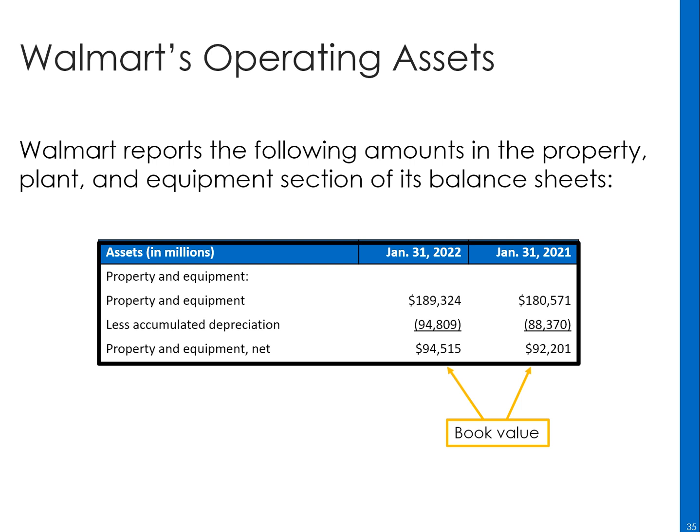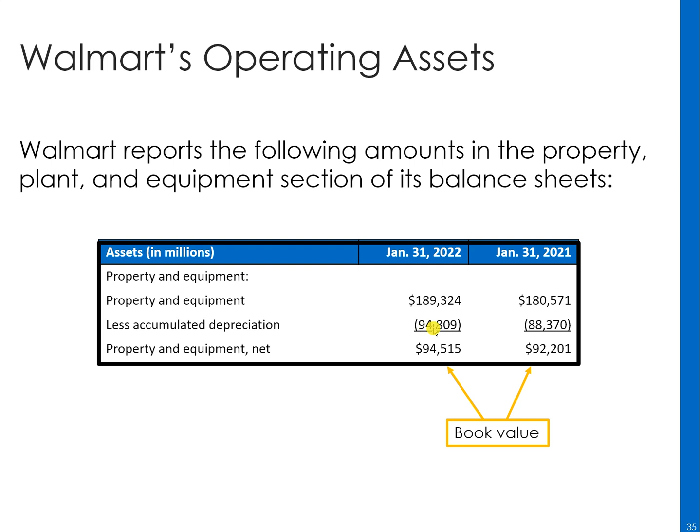These long-term operating assets are reported on the balance sheet at their book values. So for Walmart, we have property and equipment at their historical cost less accumulated depreciation.